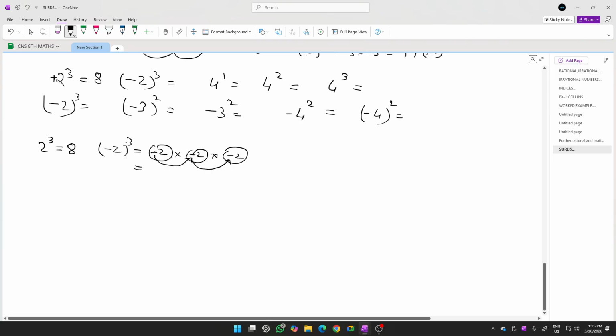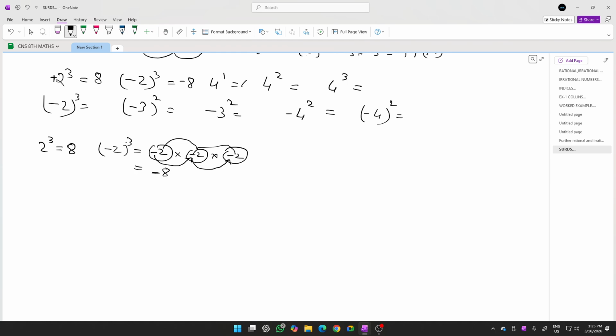So when you multiply minus an odd number of times, that is 3 times, the answer will be minus. Then you multiply 2, 2 and 2: 2 into 2 is 4, 4 into 2 is 8. So the answer will be minus 8. Can you see here, 2 raised to 3 will be 8, and minus 2 raised to 3 will be minus 8.